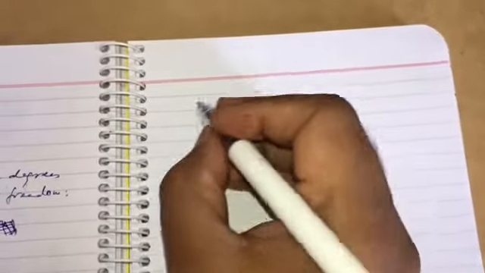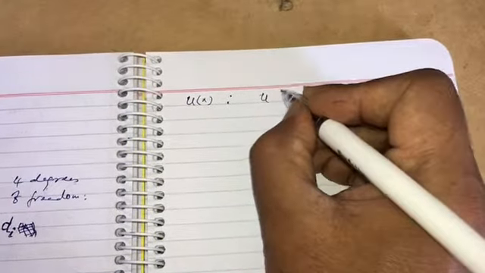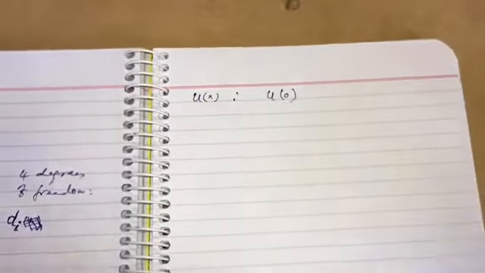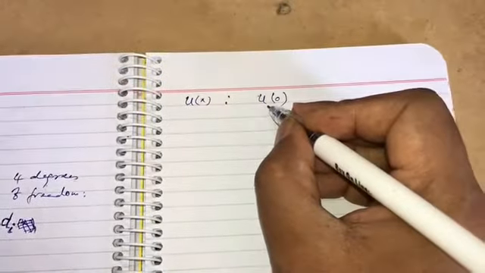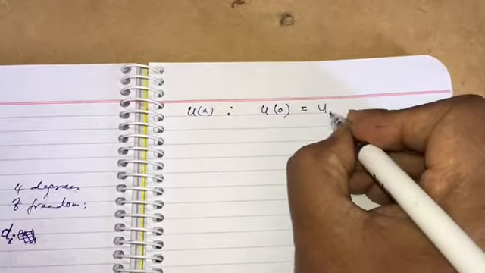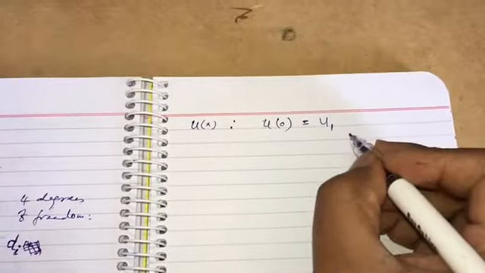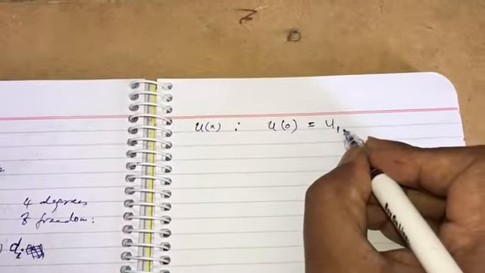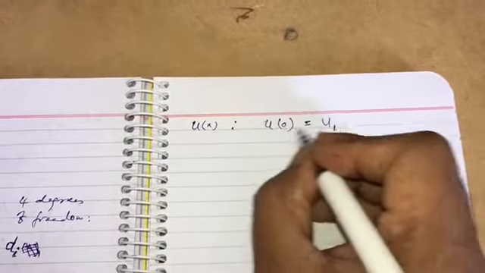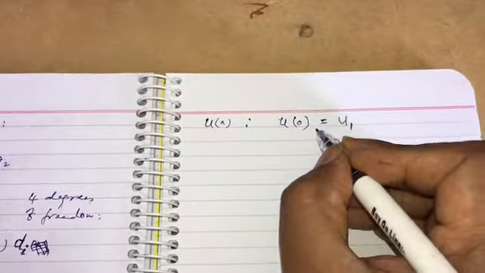So for example, if you see ux, what you know is when x equal to 0, u at x equal to 0 has to be equal to u1. This is one constraint that has to be satisfied by u.